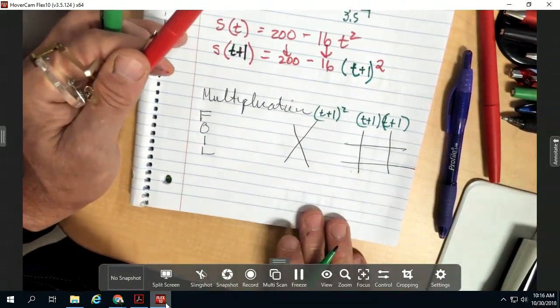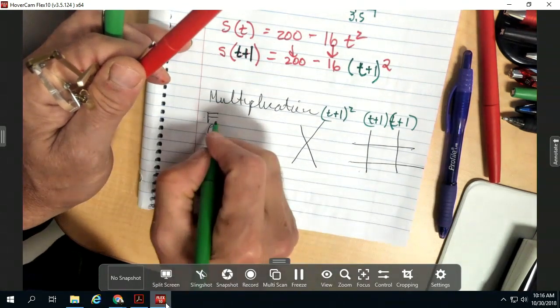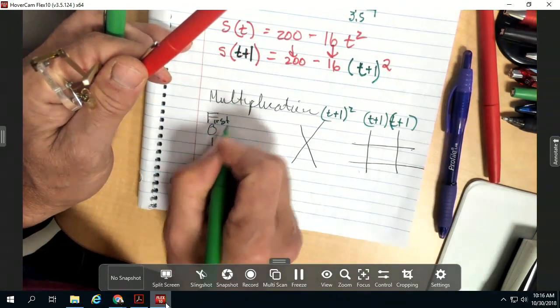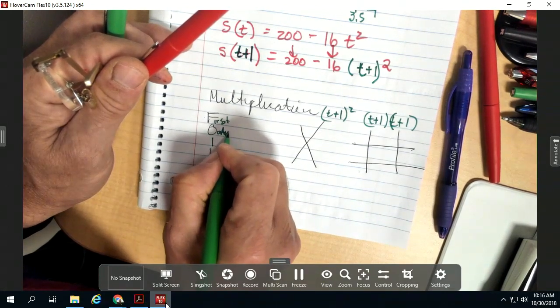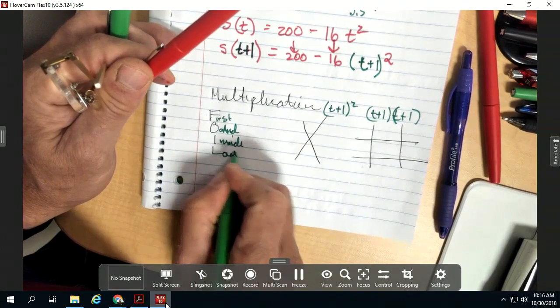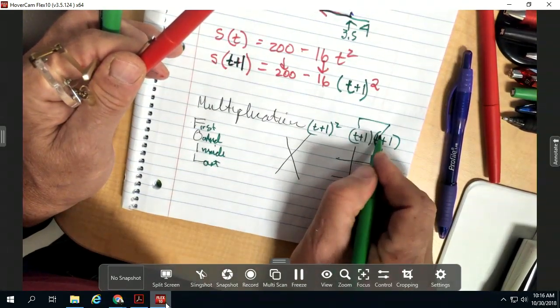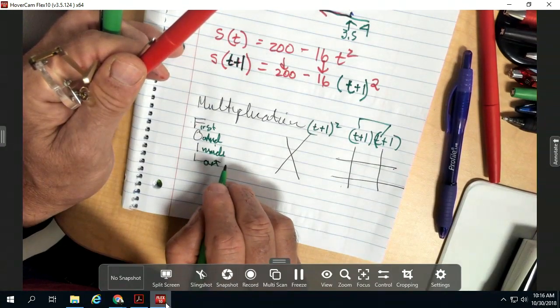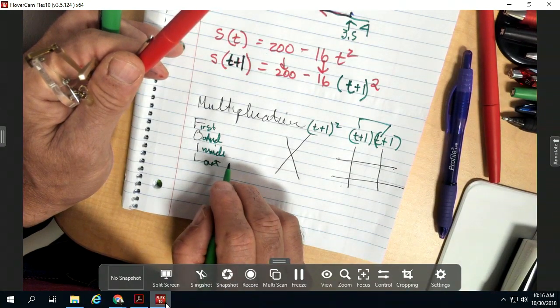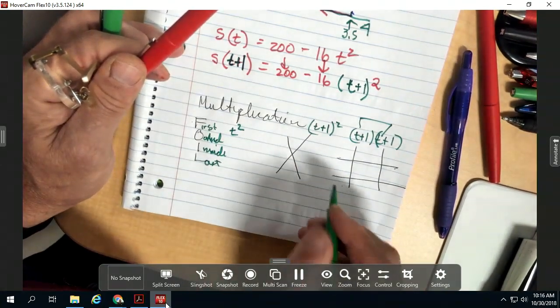FOIL people, raise your hand. I FOIL it, a couple people. FOIL stands for first, outside, inside, last. What happens when you multiply the first two numbers together? You get t squared.